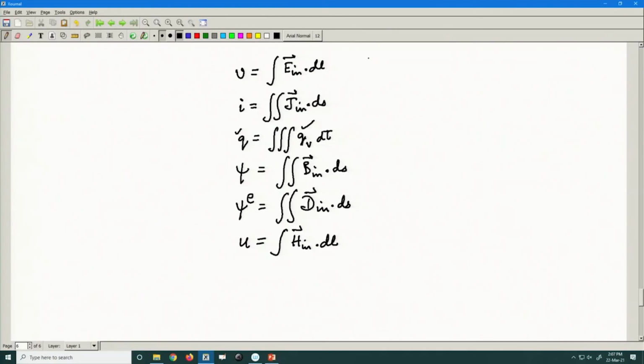We call this set of equations equation 5. So, the field quantities on the right hand side are related to the circuit quantities on the left, a one to one correspondence between the field quantities and the circuit quantities.